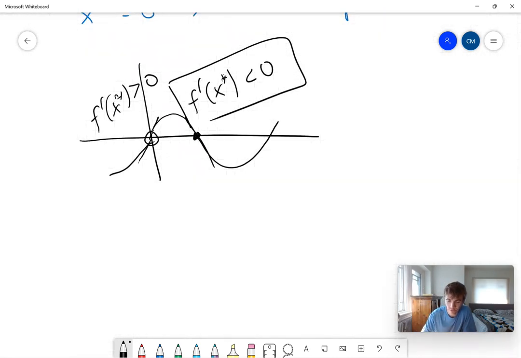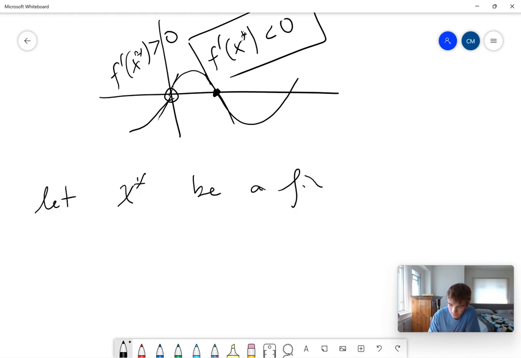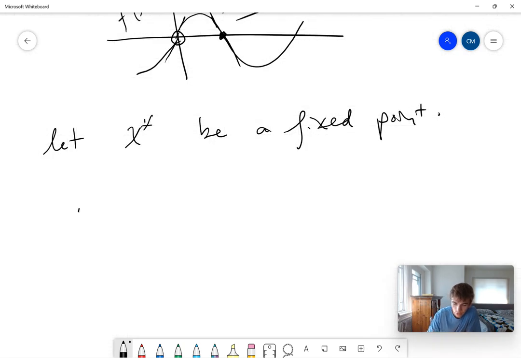Now let me prove this for you or give you a more mathematical reason why this is true. Let x star be a fixed point. Okay. And now we know that x of t equal to x star is a solution.